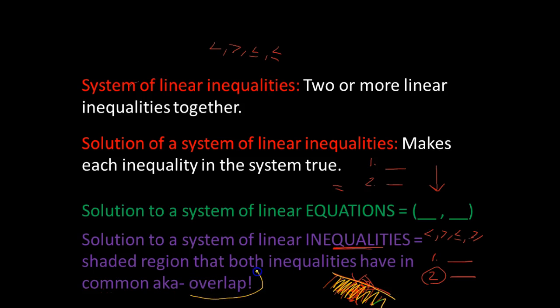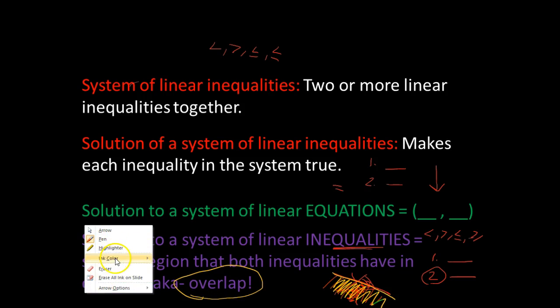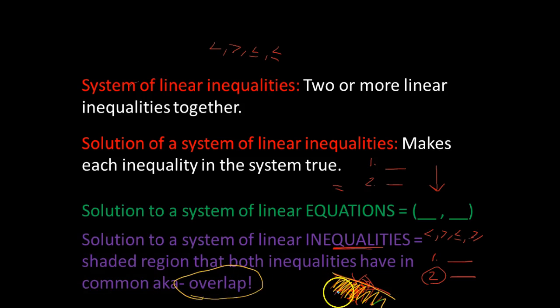So we're looking for the overlap today, because this overlap, which we can see is roughly here, this shaded region here in blue, well now green because it's an overlap of course, is going to be your solution. So any ordered pair that's in this shaded region is going to be a solution to these inequalities.